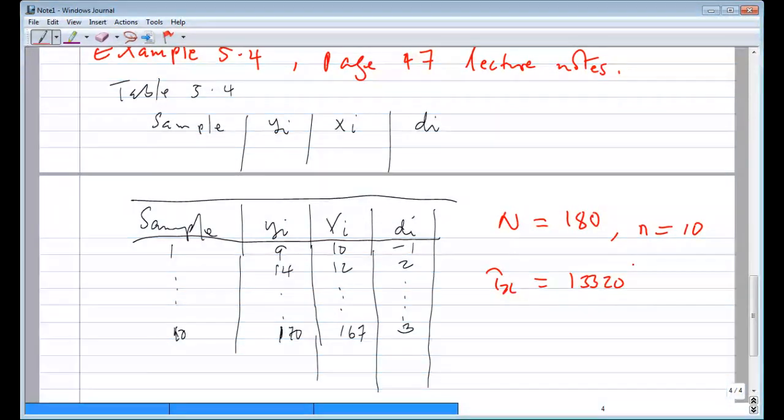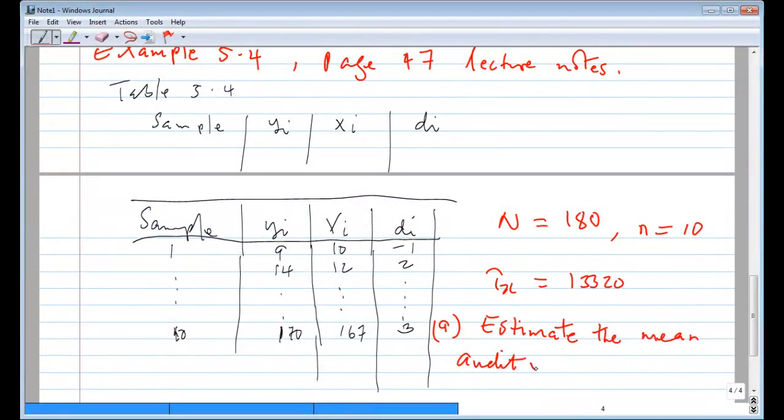The question says, let me check the question. Estimate the mean audit value. Number A, estimate the mean audit value.